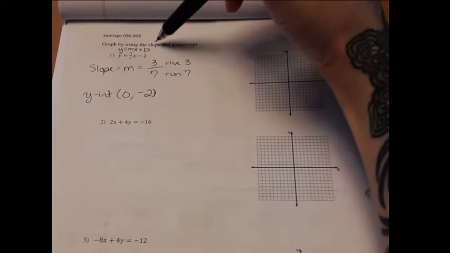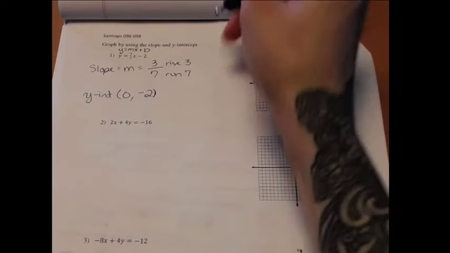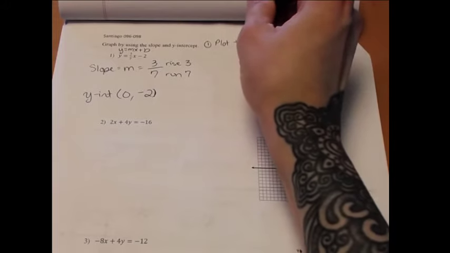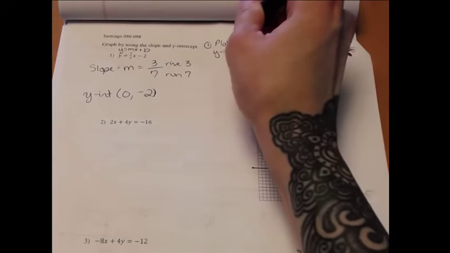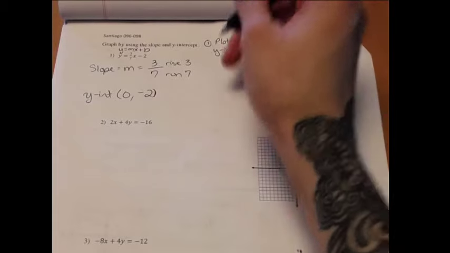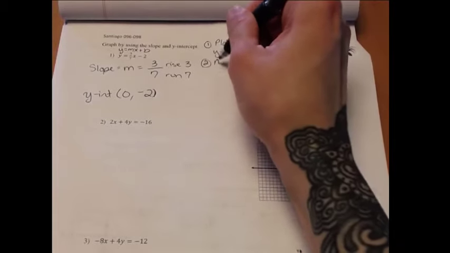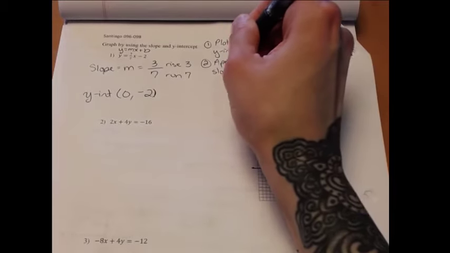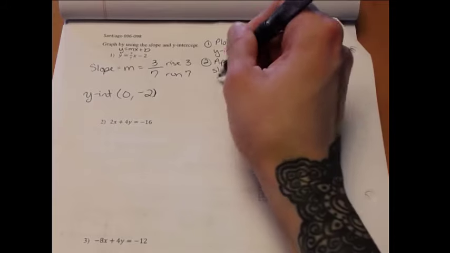Whenever we graph by using the slope and the y-intercept, we always plot the y-intercept first, and then we apply the slope from that point.